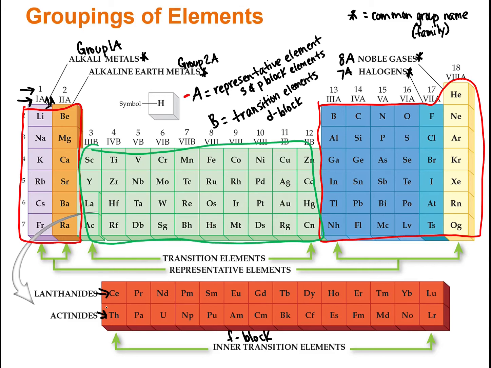But you will need to know these terms, not just to regurgitate them, but to understand what the question is asking. Because I could ask you, which of these elements is a transition element? And I'd give you 5 choices, and you have to choose one that would be in the group that I circled in green.